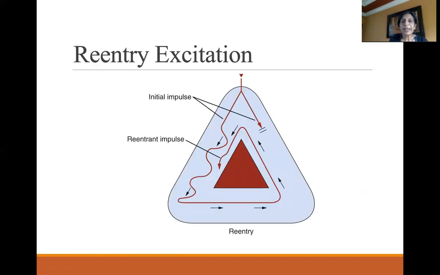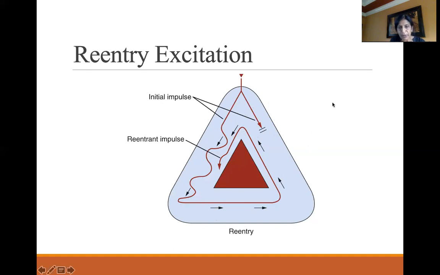Good. So the re-entry excitation is what you're looking at here. So, initial impulse, and re-entrant impulse. What you're looking at is one-way conduction, and then it's supposed to end here, but then it circulates within the atrial myocardium.